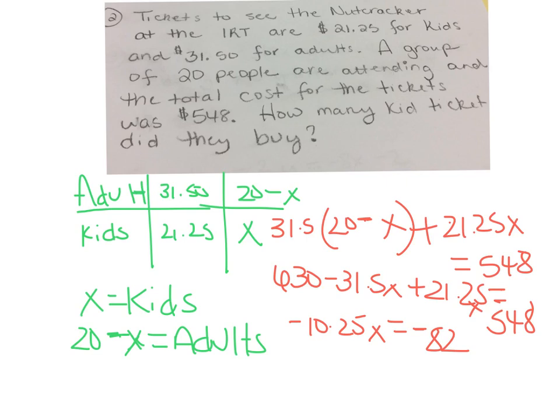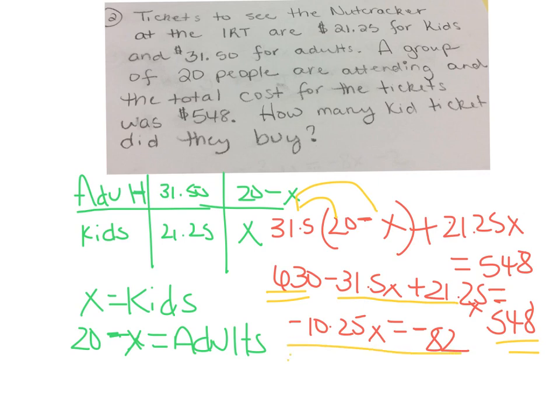So at this point, I did the distributive property, and I got 31.50 times 20 is 630. 31.50 times negative x is minus 31.50x plus 21.25x equals 548. When I combined my x's, it came out to be negative 10.25x. I subtracted 630 from both sides. 548 minus 630 is negative 82.